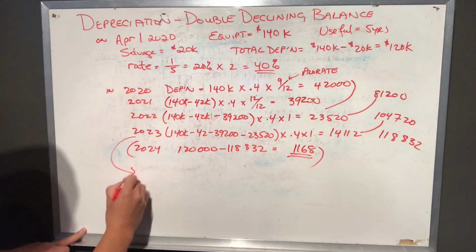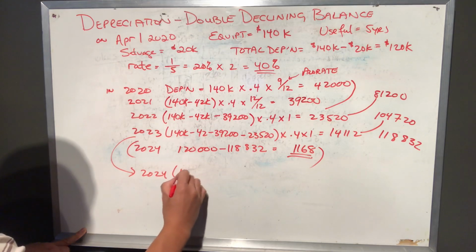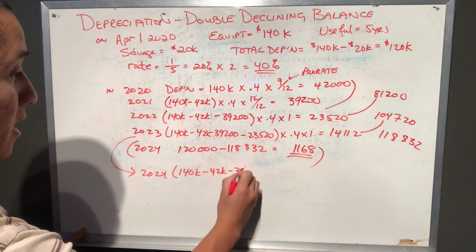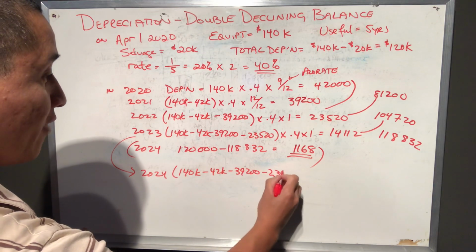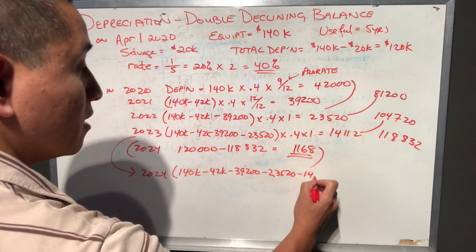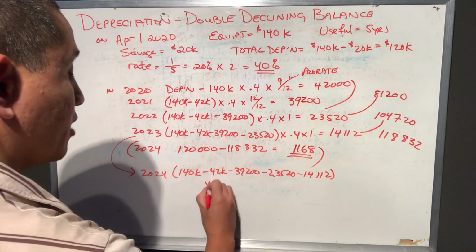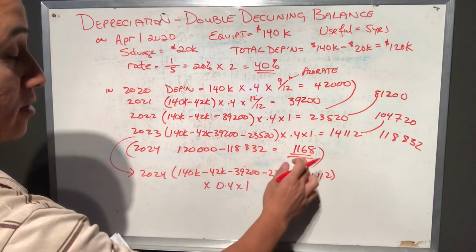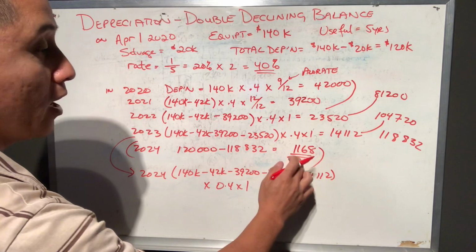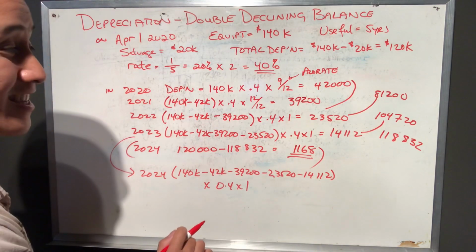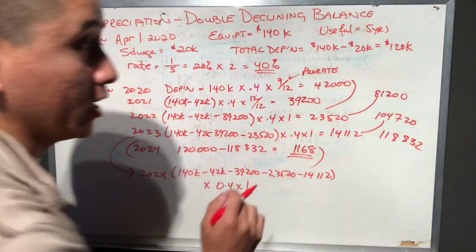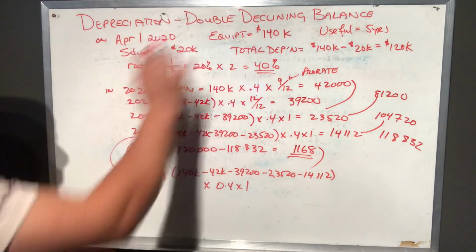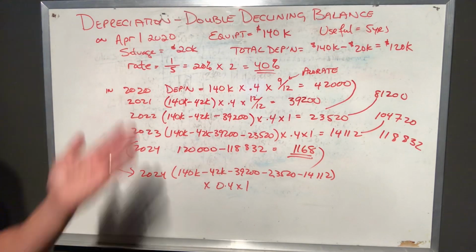If we skip down here, 2024, if we were to calculate that as 140 minus 42K minus 39,200 minus 23,520 minus 14,112, and then multiply the whole thing by 0.4 multiplied by 1 full year, that would give us a number that would still be larger than this, but we only need to recognize up to $1,168 in order to bring us up to $120,000 in total for the total depreciation expense under the double declining balance method. So I hope this makes sense.